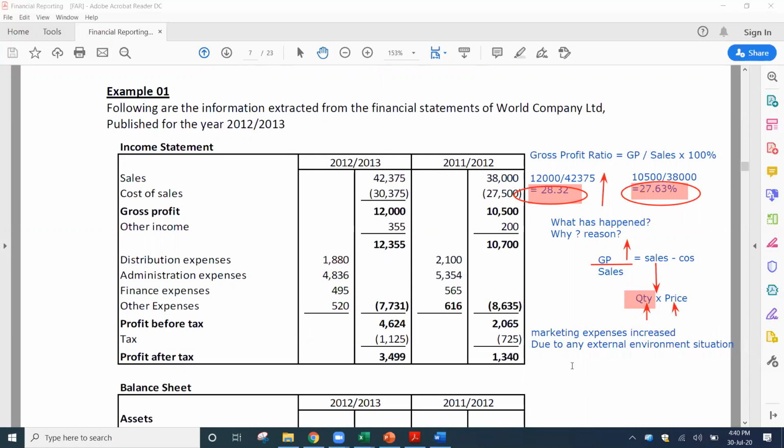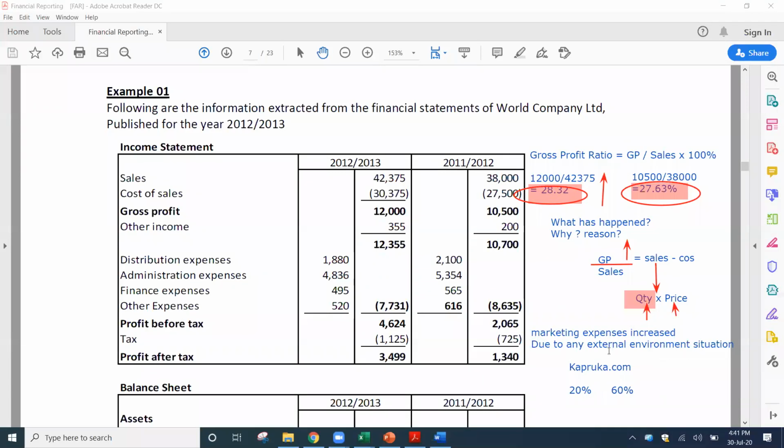Let's say Kapruka.com, right? If you take their financial statements and analyze their gross profit margin for last year and this year, there is a huge increase. Last year it might be, let's say, 20%.